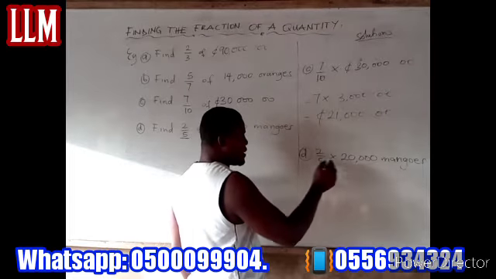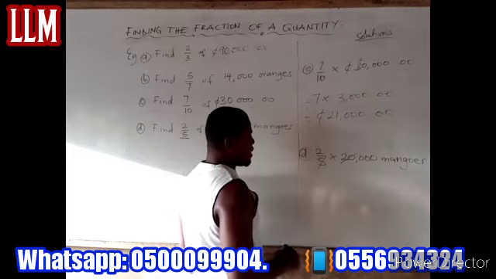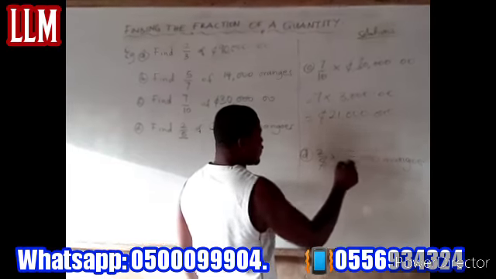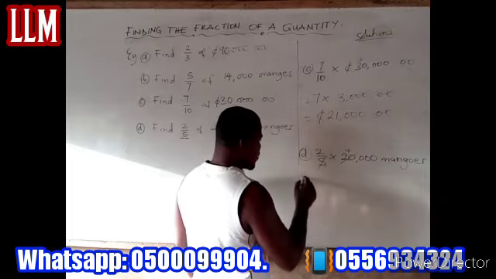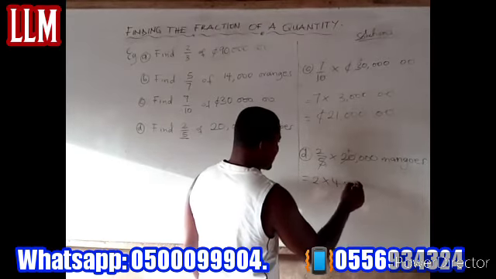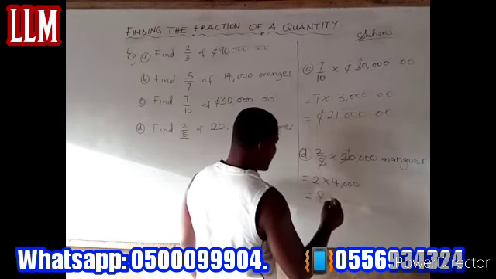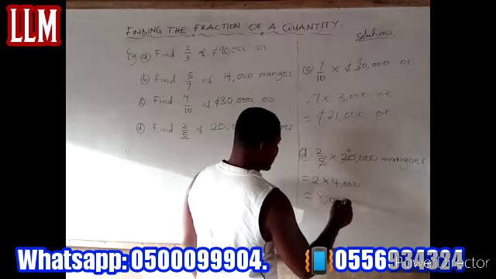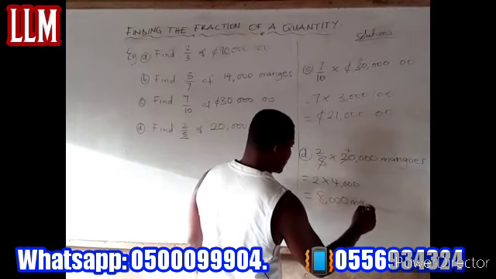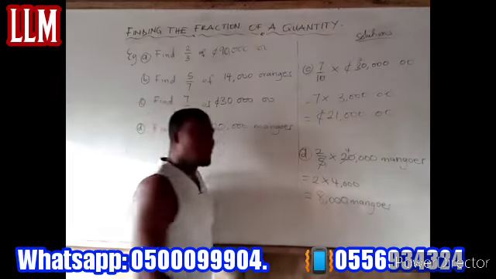Five can go into 20, so 5 goes into itself 1, and 5 goes into 20 4 times. So we are going to have 2 multiplied by 4,000, and our answer is going to be 8,000 mangoes. And don't forget to bring the mangoes because we are talking about mangoes.